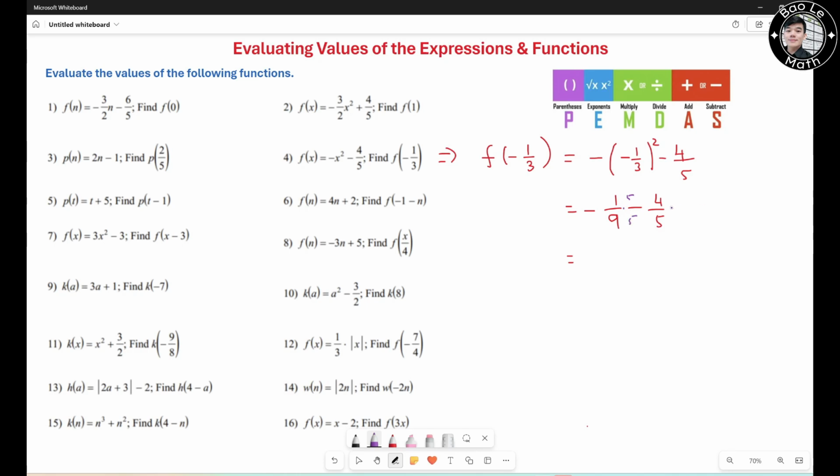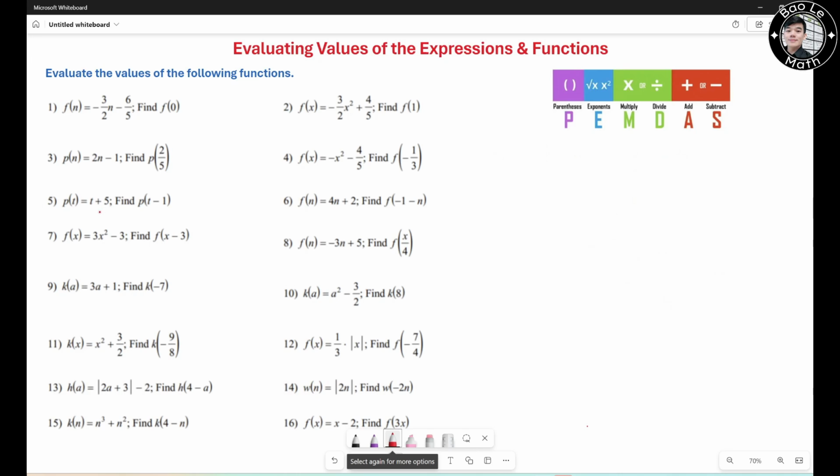For the right hand side, I need to multiply the top and bottom by 9 to make the same denominator. So negative 1 times 5 is negative 5. Negative 4 times 9 is negative 36 over 45. Negative 5 minus 36 is negative 41 over 45.